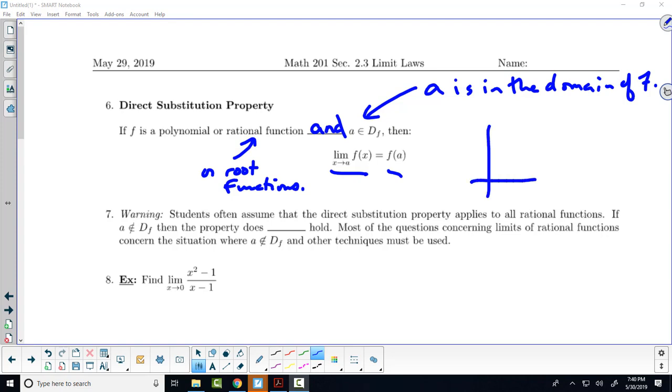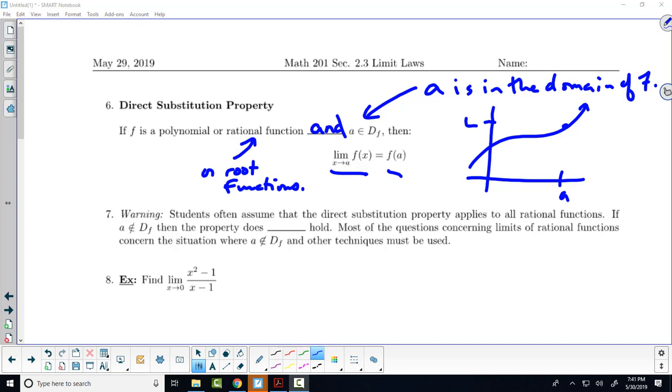The graph of what's going on here is that for these rational, root and polynomial functions, and a lot of other ones, they're well behaved. The fancy word that we're going to give later on is they're continuous. So if I say what's the limit as x approaches a, if it's a nice, well-behaved, continuous function like this, then figuring out the limit is the same thing as figuring out the functional value.